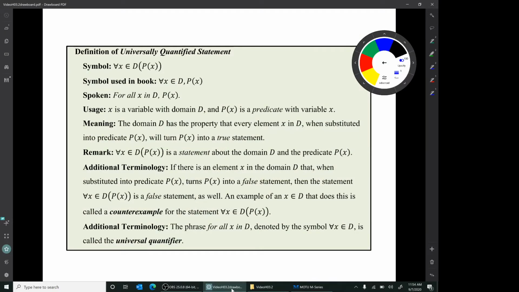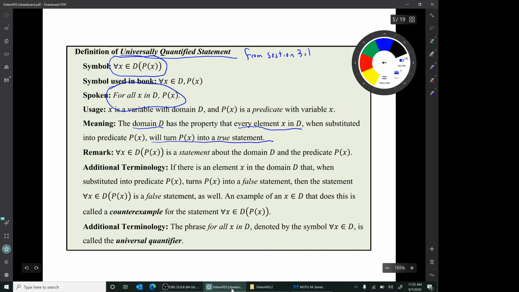In section 3.1, we discussed the universally quantified statement, which has this symbol, spoken for all x in D, P of x. What it means is that the domain D has the property that every element x in the domain, when you substitute it into the predicate P of x, will turn P of x into a true statement.